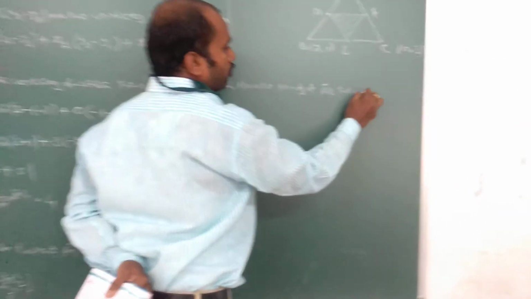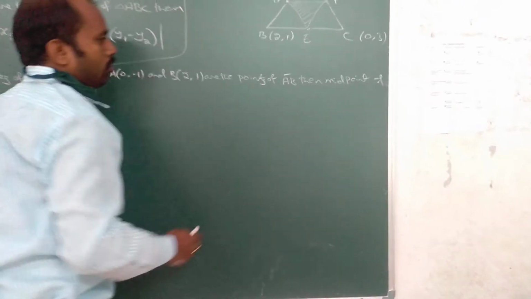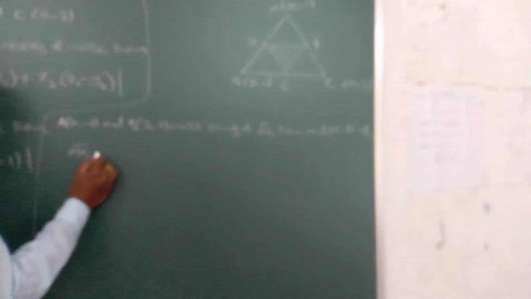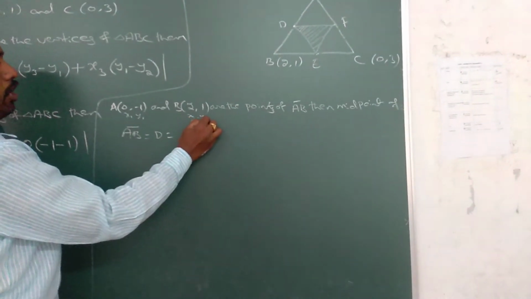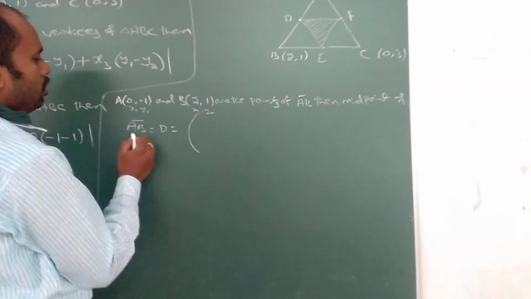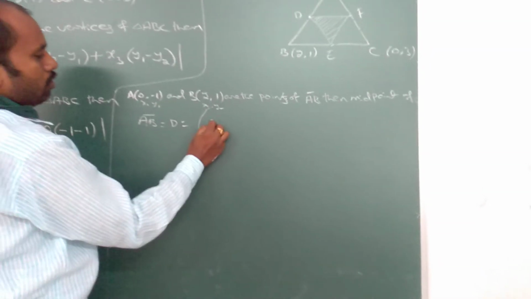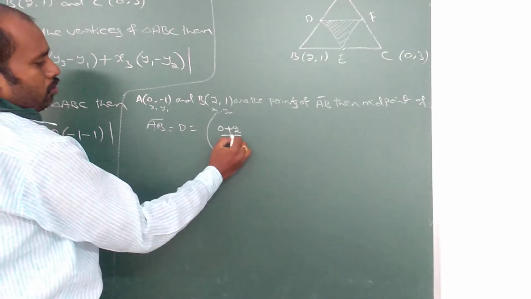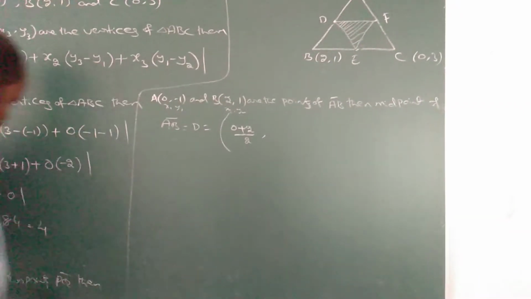Then the midpoint of AB, take the midpoint of AB equal to D. So you can substitute in the formula. First one x1, y1; second one x2, y2. Midpoint of AB equal to D. How to get D means substitute in the formula. x1 means 0 plus x2 means 2, by 2 substitute. x1 plus x2 by 2. Next, y1 plus y2 by 2.